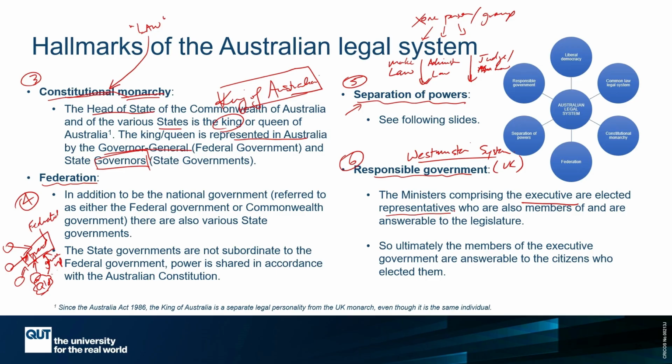And we do that by making sure those who are in charge of each department or each area of the operations of government are elected. So ultimately, the head of the executive are answerable to the citizens.